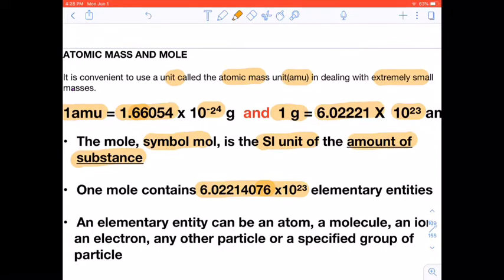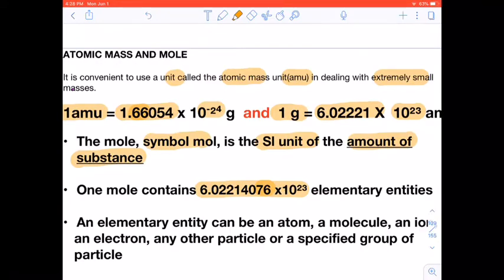And as I showed you on the data sheet, we will just use it as 6.02 times 10 to the 23, but this number here is a fixed number and it has been defined. And the Avogadro's constant is one of the natural constants that have been adopted by the SI.